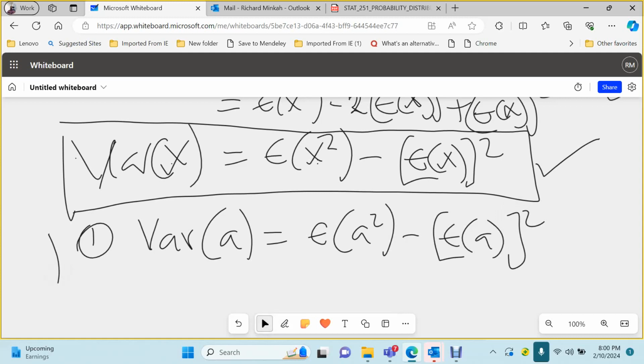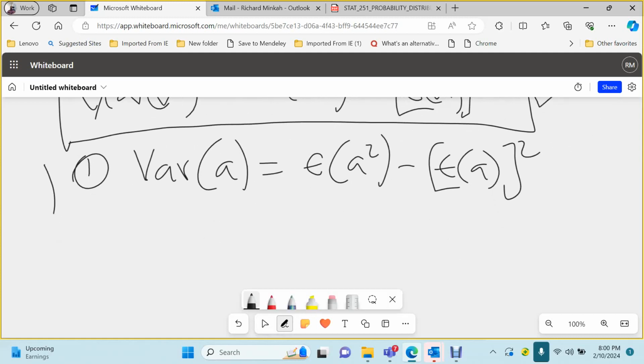Now let's see what happens. The expected value of a squared is what? Remember what we discussed on its computation. It's a squared. Then the expected value of a within here will be a, and then we have the square, so it becomes a squared. So a squared minus a squared is 0. The variance of a constant is 0.